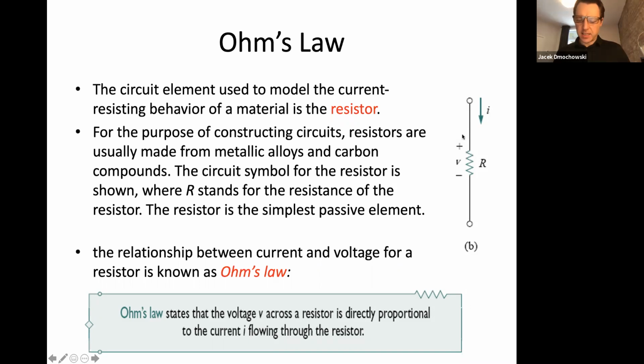Okay, so Ohm's law is basically stating that this voltage drop from this point to this point is proportional to the current. In other words, if I double the current, I double the voltage drop. If I quadruple the current, I quadruple the voltage drop. And if I halve the current, I halve the voltage drop. That constant of proportionality is called the resistance.